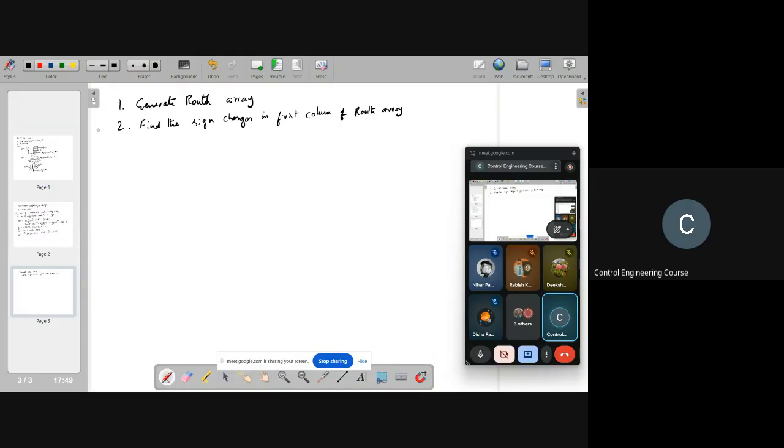Let us suppose the characteristic polynomial is of the form P of s equal to a n s power n plus a n minus 1 s power n minus 1 plus a n minus 2 s power n minus 2 plus etc. a naught. That is your characteristic polynomial.